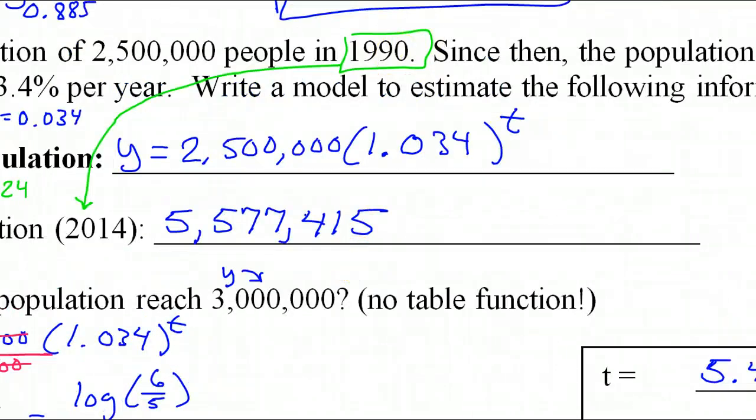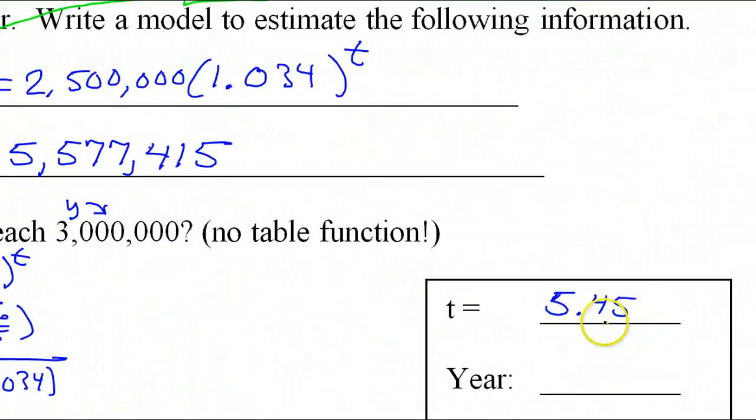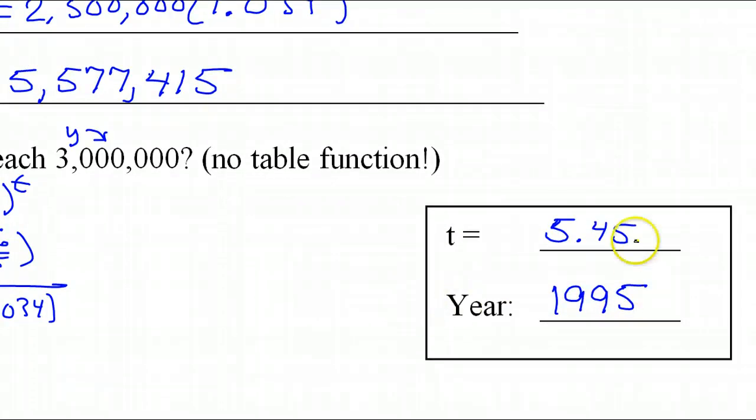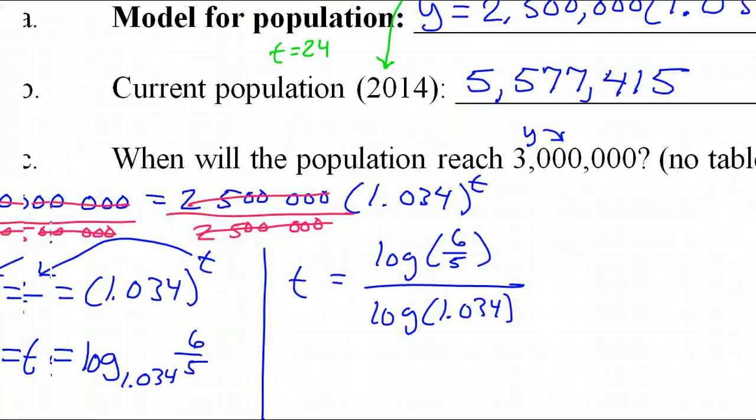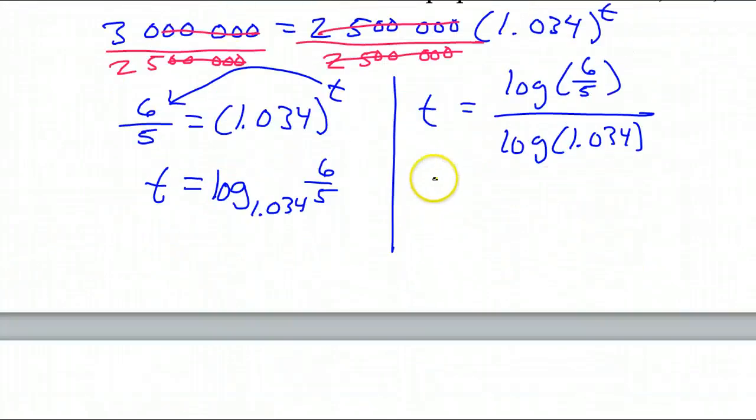Okay, you know, it's 1995, and like 6 months is still 1995. Okay, but the decimal, that's the key. That's the main thing I'm going to judge you by. Alright, if you just put 5, you get no points. If you didn't show all this good work, you get nothing.